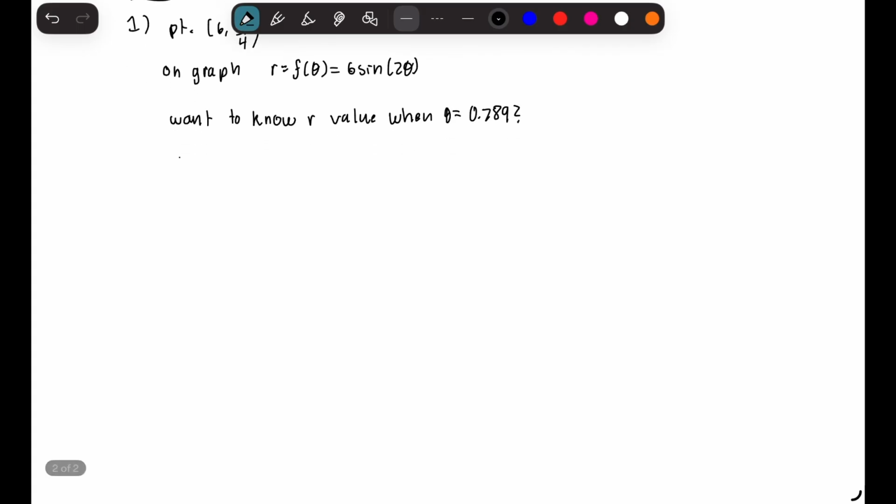So which interval would you use to approximate f of 0.789?